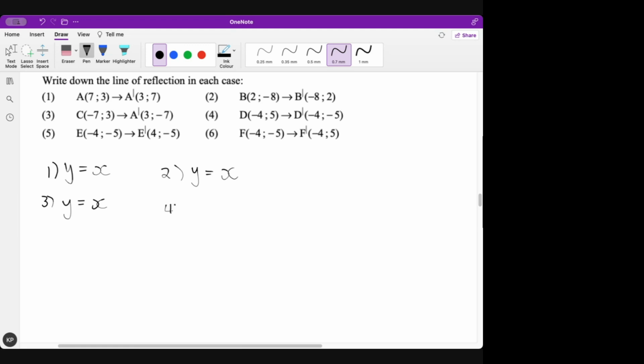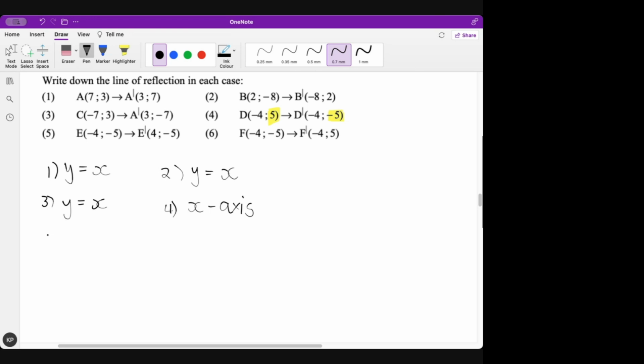Number 4, (-4, 5) to (-4, -5). X-axis because your y has changed signs. Nice. So this is upon the x-axis.